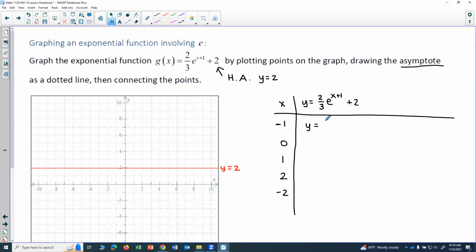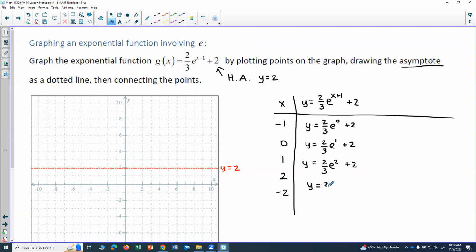So this would be y equals 2/3 e, and if I'm plugging in a -1 for x, that would be e to the 0. This next one would be y equals 2/3 e to the first plus 2, because 0 plus 1 is 1. The third one would be y equals 2/3 e squared plus 2, because I plug in a 1 for x and get 1 plus 1 is 2.